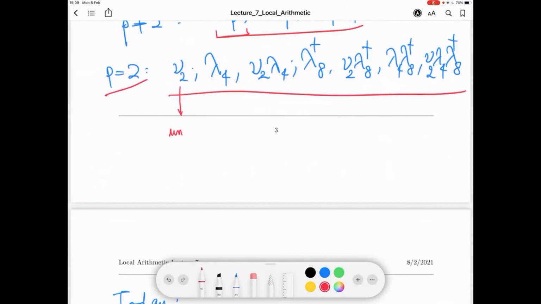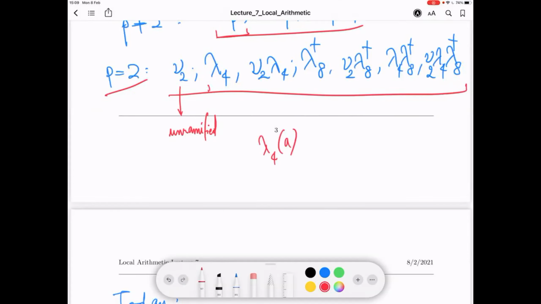We haven't defined what it means for something to be unramified. We are just calling it unramified for the time being. And there are these 6 ramified quadratic characters: lambda 4, nu 2 times lambda 4, and so on. For example, lambda 4, what is it?